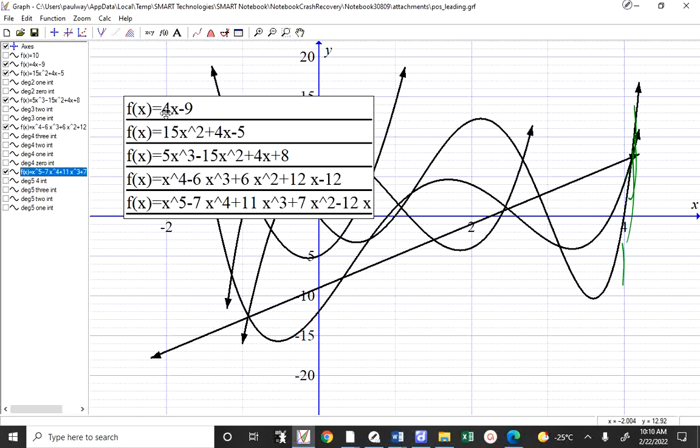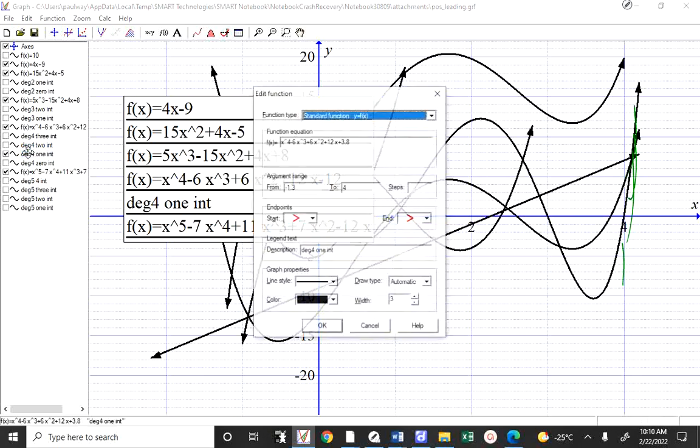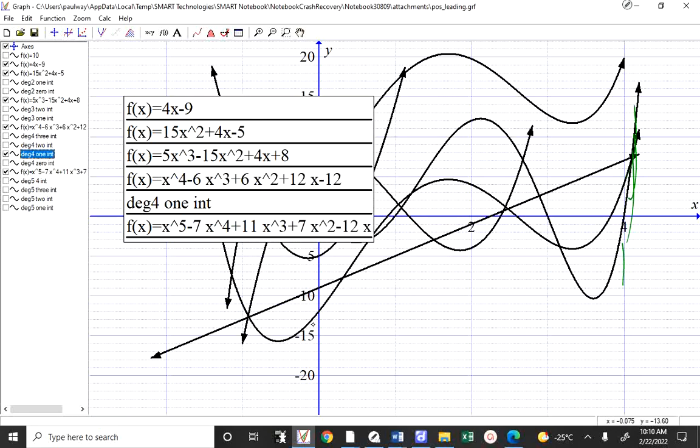And the answer is the leading coefficient is positive. Now, I'm showing you those because if I show you some of the other ones, like this one, I've just got a different label there, but I can open it up and show you that it says positive x to the 4. So the right-hand arm goes up if the leading coefficient is positive.